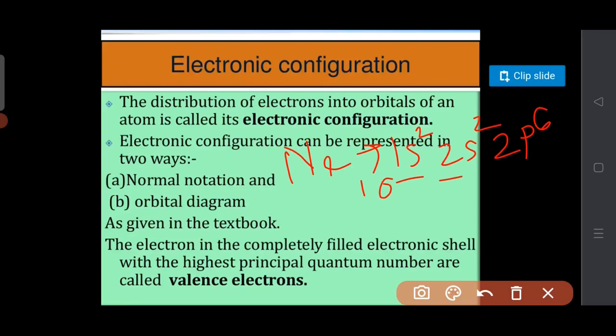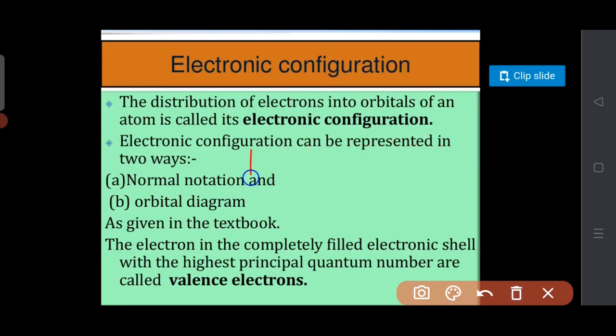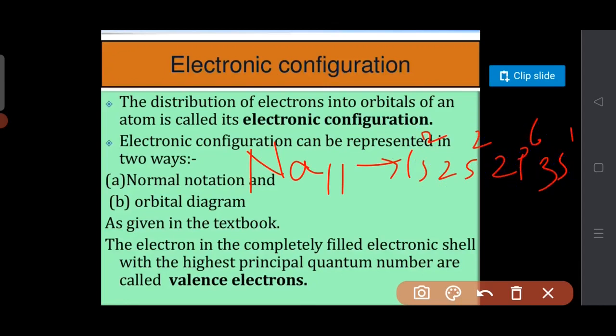In this way we have to put the electrons, and after filling the lower energy orbitals we go to the higher energy orbitals. You can write the electronic configuration of the sodium atom. Sodium has atomic number 11, so 1s2 2s2 2p6, after that 3s1, because the s orbital can take a maximum of 2 electrons and the p orbital a maximum of 6 electrons.